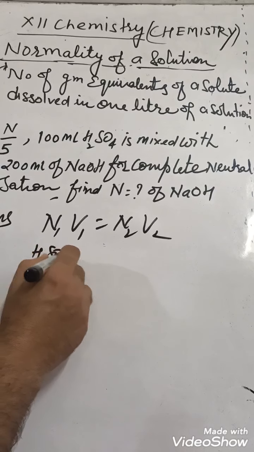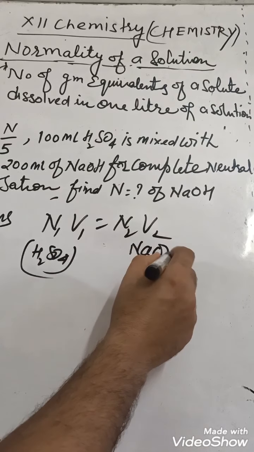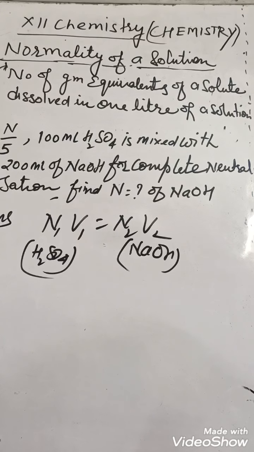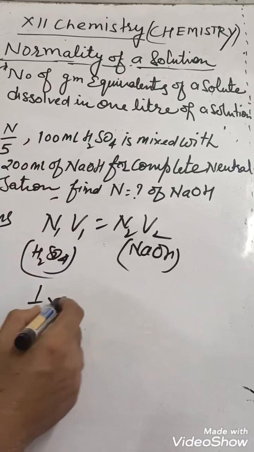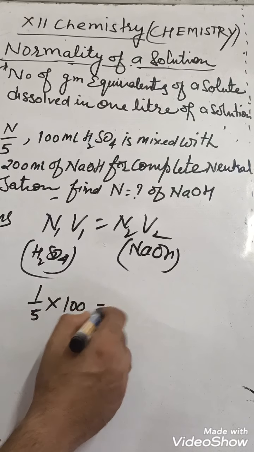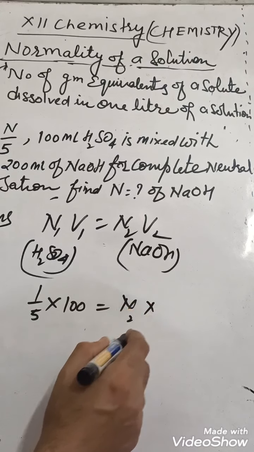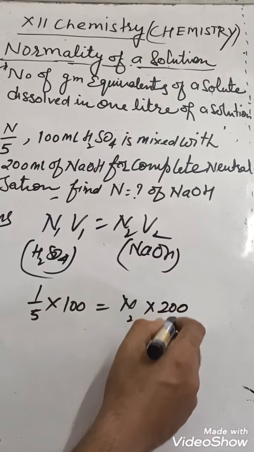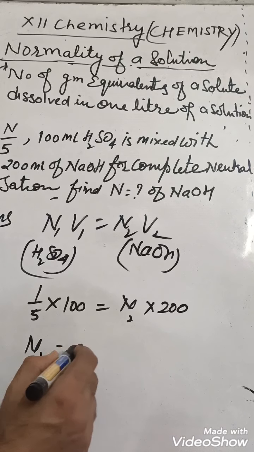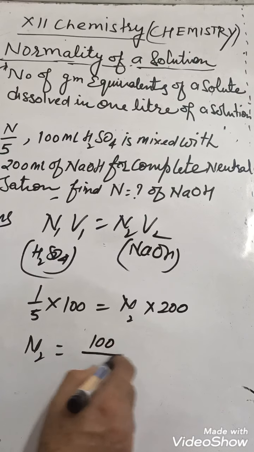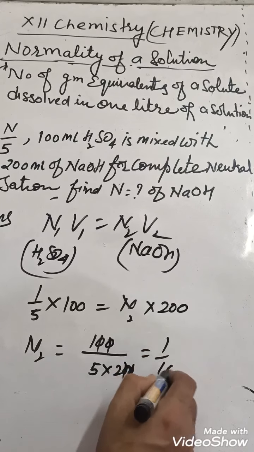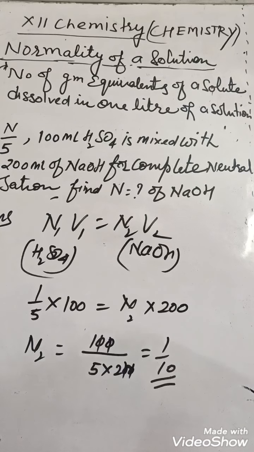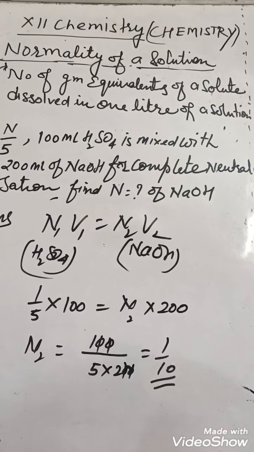It is H2SO4 and it is for NaOH. So for H2SO4 N1 is 1 by 5 and volume is 100 ml. N2 we have to find out, V2 is 200. So N2 is equal to 100 by 5 into 200, that is 1 by 10. So normality of sodium hydroxide will be 1 by 10. Simply we can calculate.